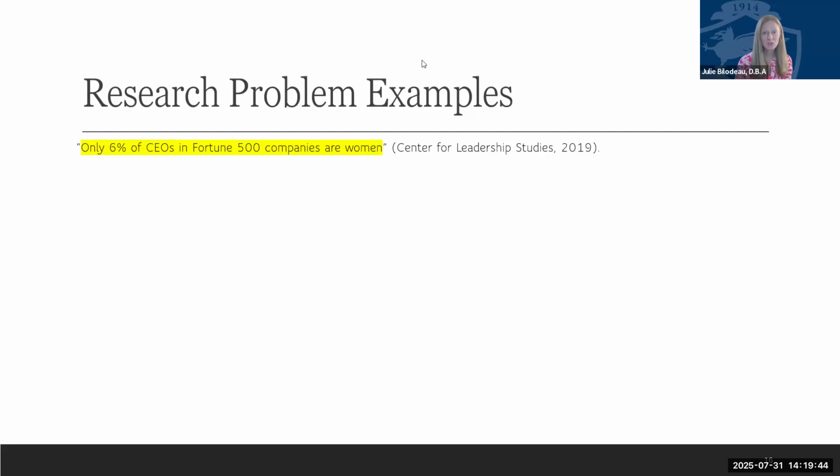So is it still a problem? As your advisor, I'm going to tell you, I need to see some updated sources there so that I know, okay, that's fine if you want to put something in from 2006, but then something from 2022 to show that it is still a problem, right? So something to think about, but these are just examples of the problem statements, not necessarily the support for them.